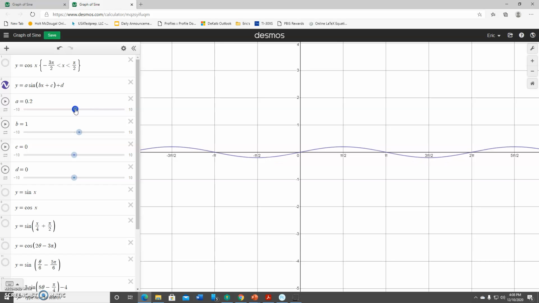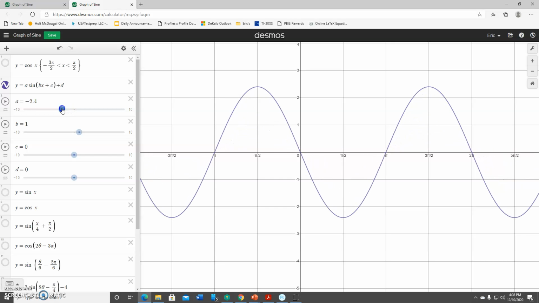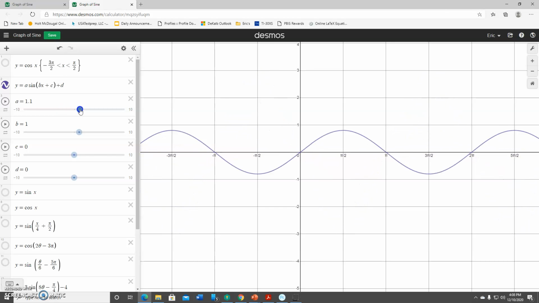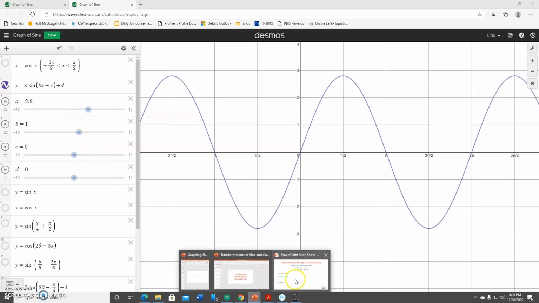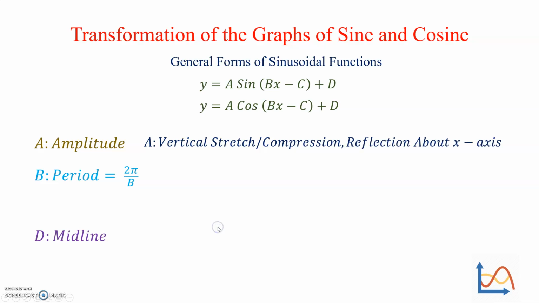And if we went into the negative side, our picture reflects, but as soon as I go back to the positive, it goes back. So A impacts the transformation by being a vertical stretch or compression, and if A was negative, it would reflect about the x-axis.